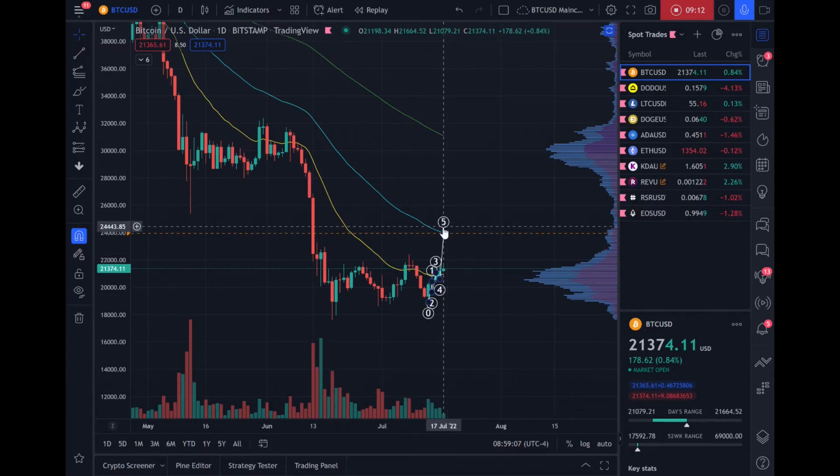So now this 1618 is exactly where our 55 EMA, which is represented by the blue line, is hitting. Okay, so that I think is a likely target, but I don't think we're going to stop there.